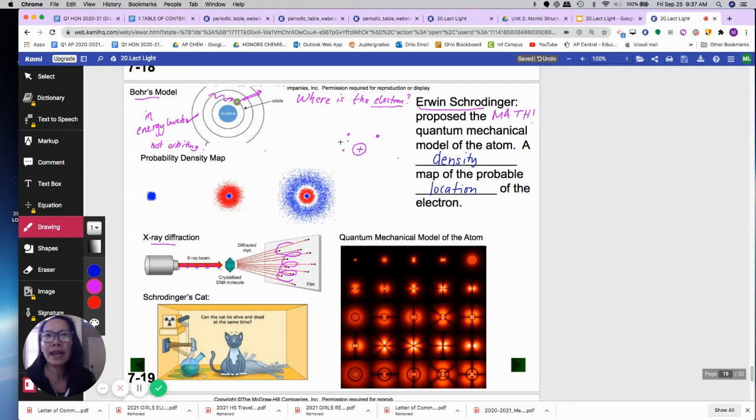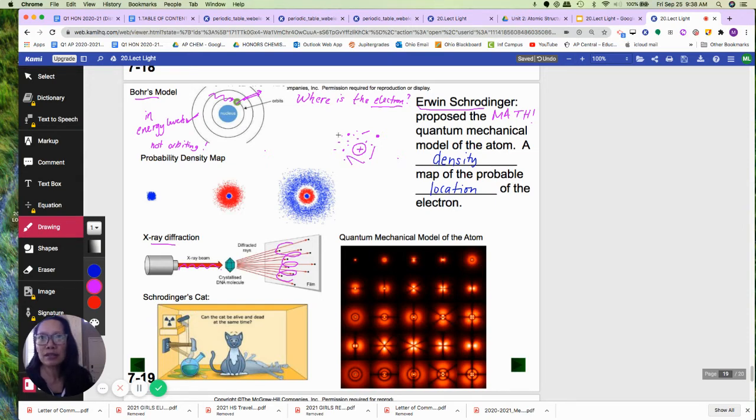He plugged it in again, and he keeps plugging in where the electron might be. Those are dots, in his computer, or in his calculation. He found that where the dots are is the most likely position of the electron using his formula.